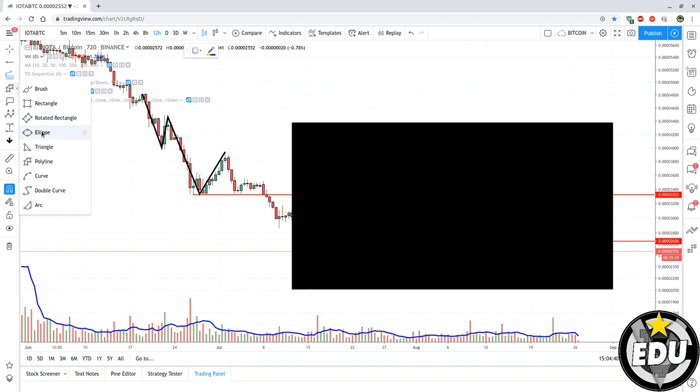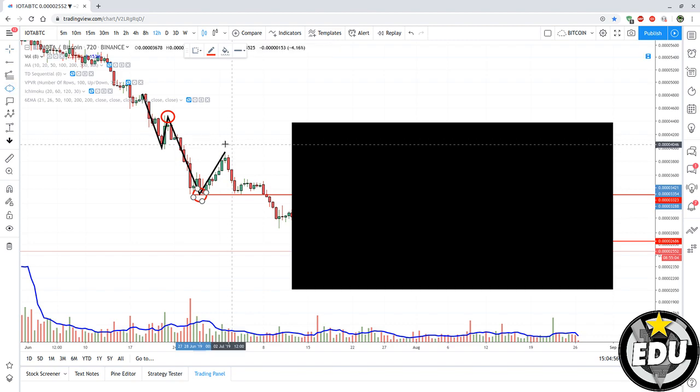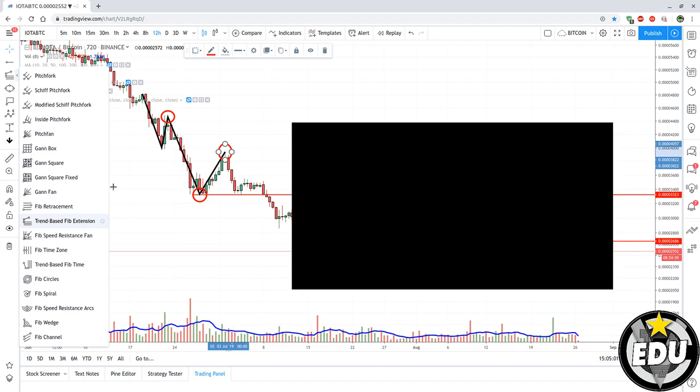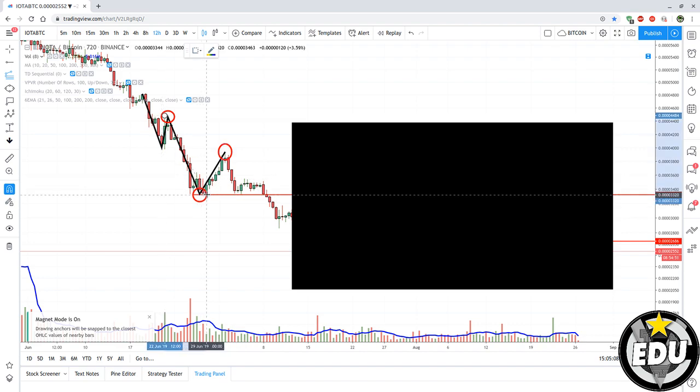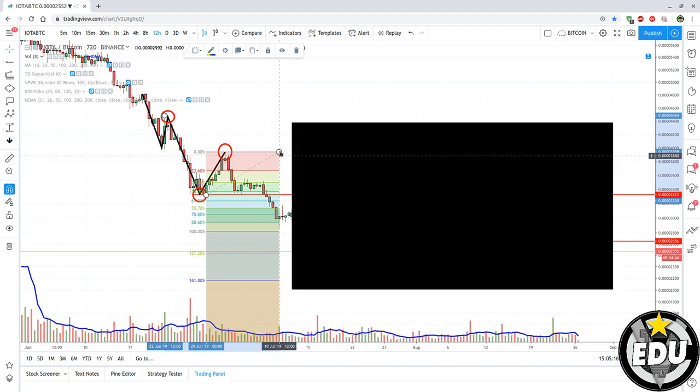The Fibonacci extension is drawn by 3 points: the bottom of a leg, the top of a leg, and the correction. So if I use a Fibonacci extension and trace the top of this trend with the bottom and go back up, usually 100% Fibonacci is where my trend can arrive. Okay, I can extend this.